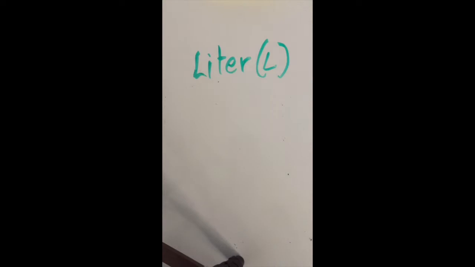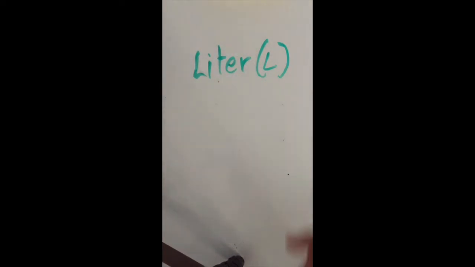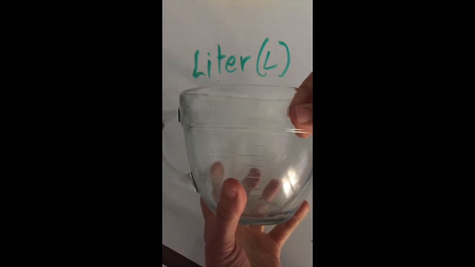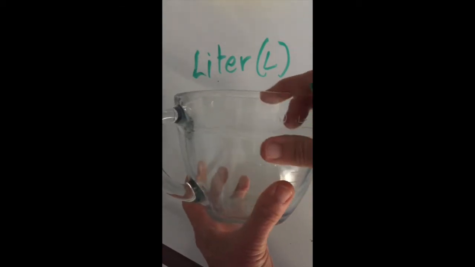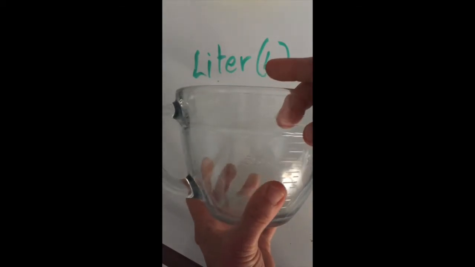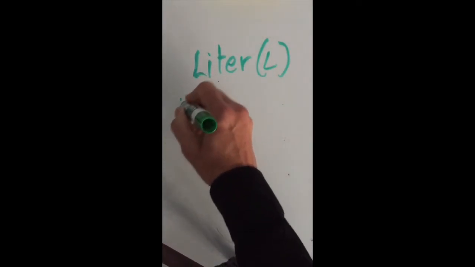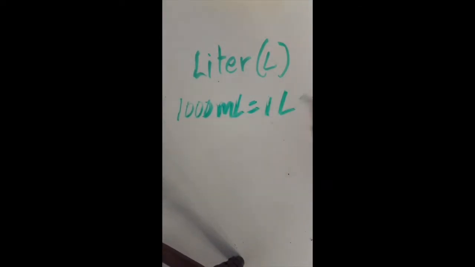So if we're talking about capacity, we're talking about liters, and that is a capital L. And if you remember from the kitchen, this was my liter container, and it was sort of the middle of the 3 sizes that I had. And it said here that 1,000 milliliters is equal to 1 liter. So just like with grams, 1,000 milliliters is 1 liter.